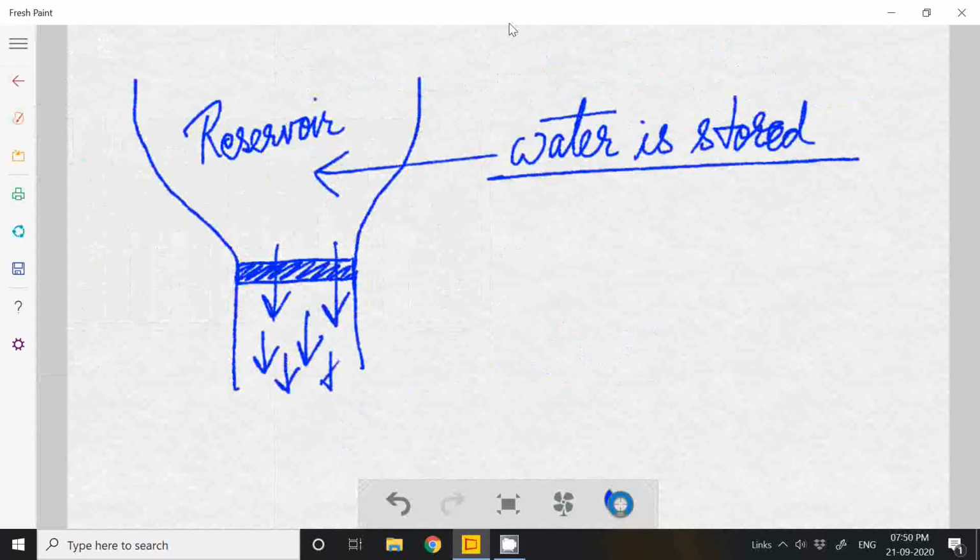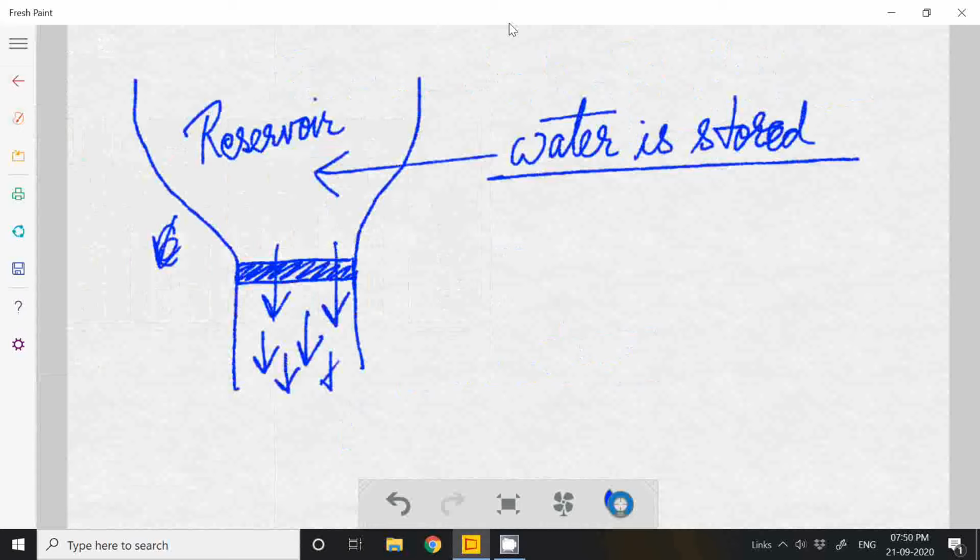So if the soil is very much permeable, then whatever water is stored in the reservoir, it will seep through the soil inside, isn't it? That means if the reservoir soil has too much permeability, then it will not be able to store much water because the soil will leak.